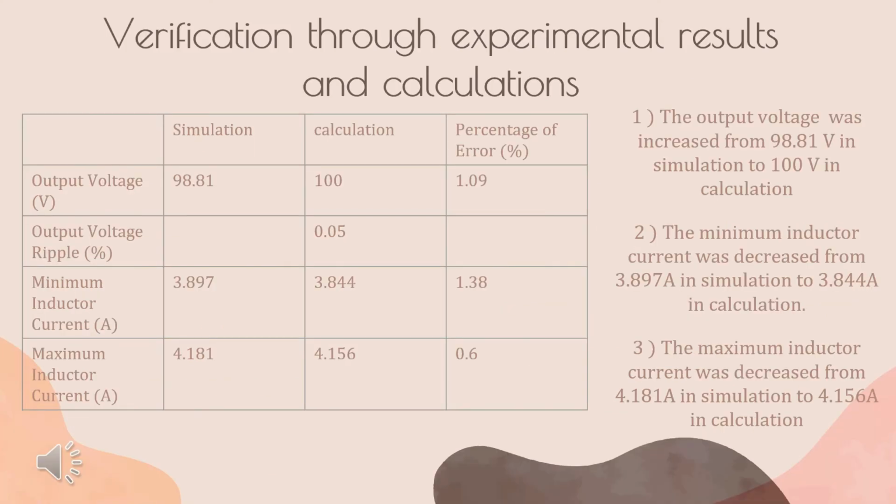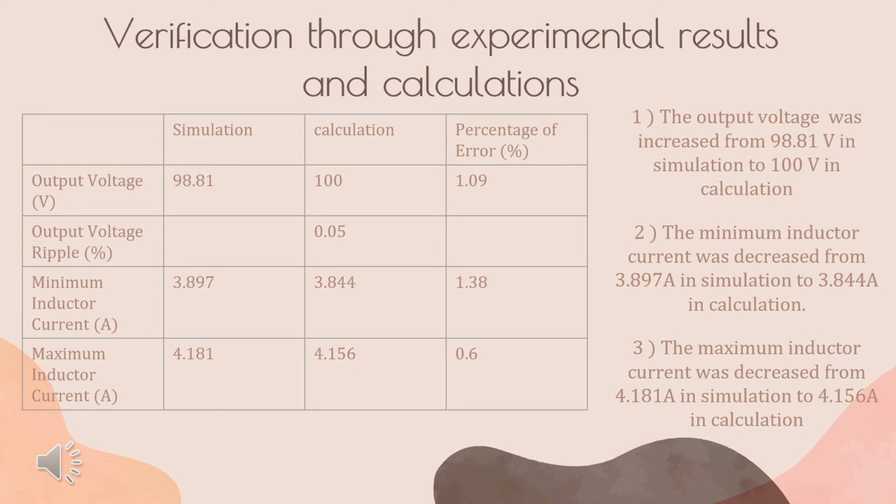Into the next section, we have verification through experimental results and calculation, which in the simplest instance means we need to compare the simulation and calculation values. If we look at this table, we compare the output voltage in simulation and calculation, minimum inductor current and maximum inductor current.